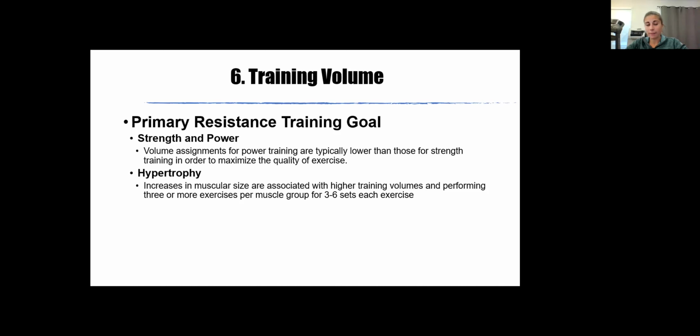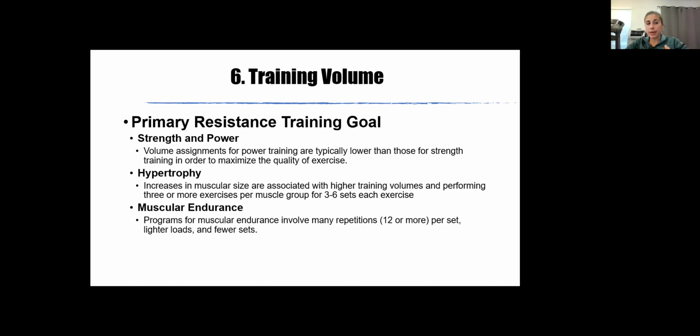Especially higher than strength. Then endurance: we can work at higher volumes for endurance as well, because we're looking at lighter loads. But potentially fewer sets, usually because we're doing a lot more reps per set. You might be doing 20 or 30 reps a set, depending on what you're training for. So you don't need to do 5 sets of 30 reps; you'll be there all day.